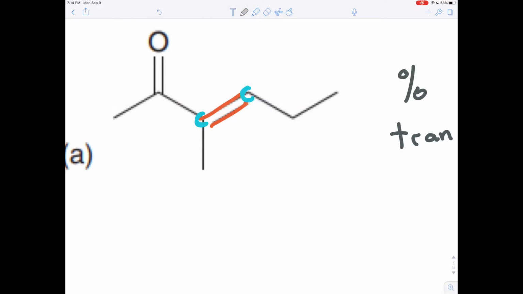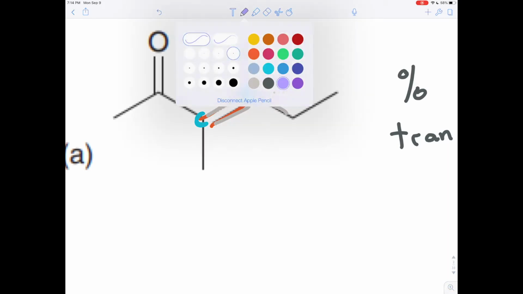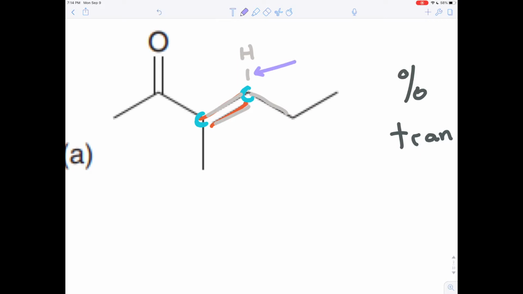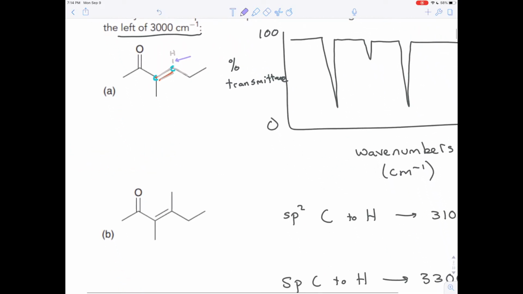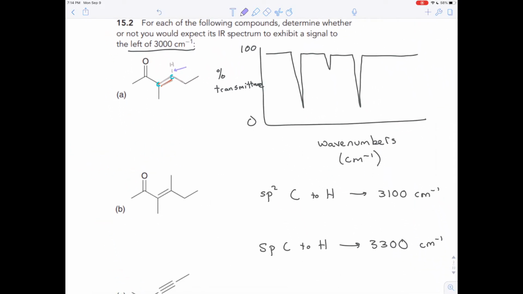Do either of those carbons have a hydrogen on it? Well, the carbon on the left has 1, 2, 3, 4 bonds already drawn. That means there are no hydrogens there. The carbon on the right has 1, 2, 3 bonds drawn. That means there's an invisible fourth implied bond going to a hydrogen. And so it's this bond here that would vibrate around 3,100 wave numbers.